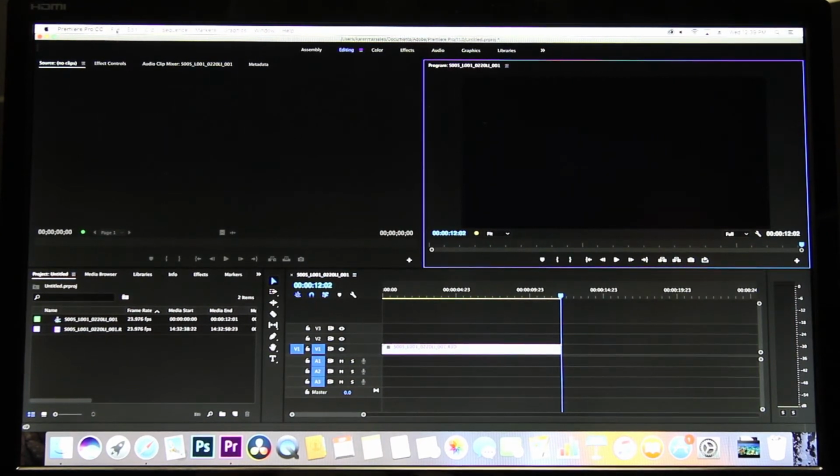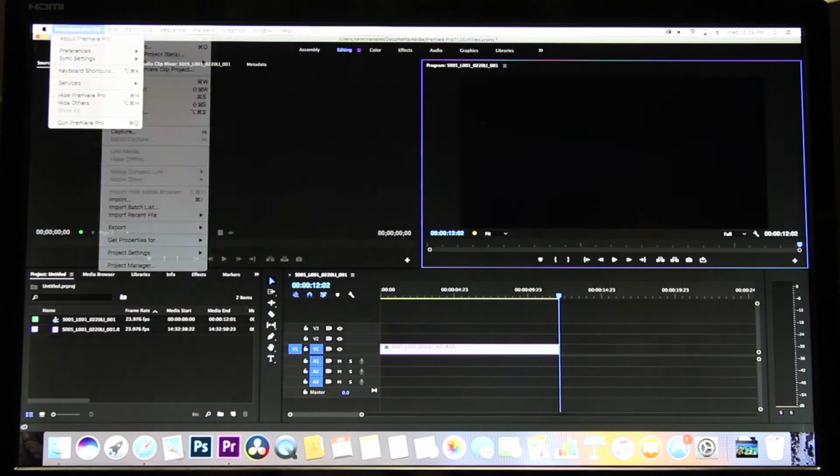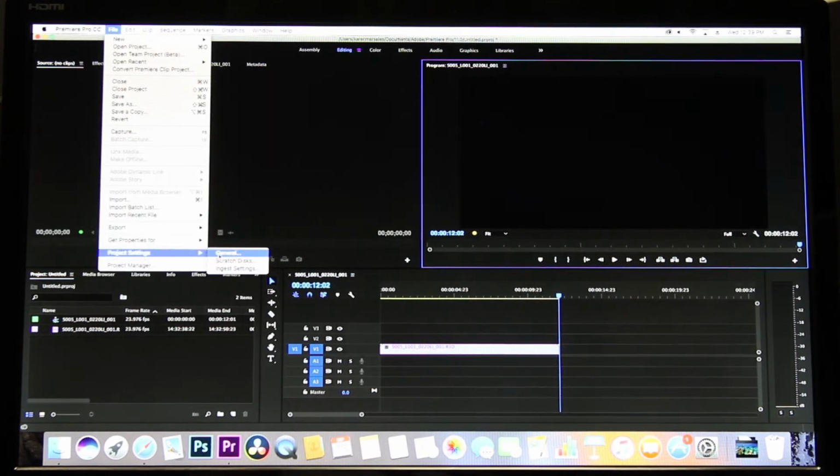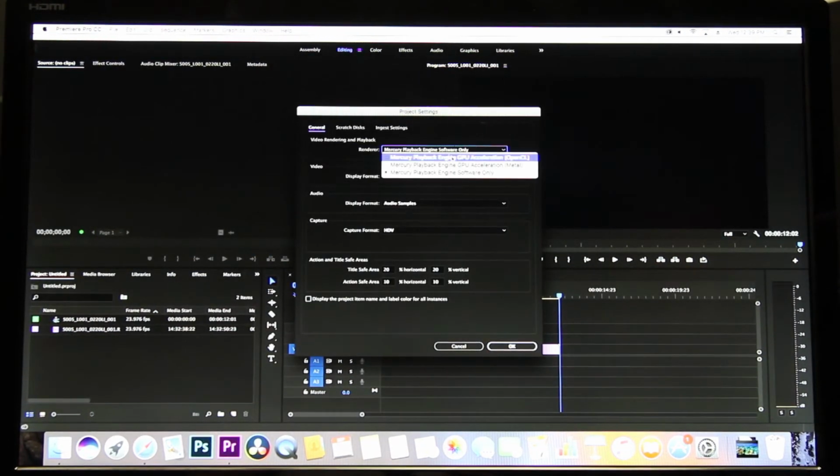Now let's look at our OpenCL performance.